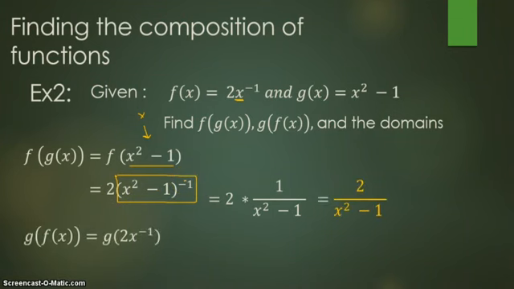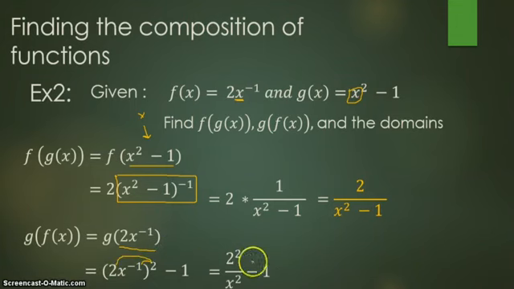The next one, g of f of x, is equal to g of 2x to the negative 1. We're evaluating this x with that entire function. So that's rewritten as 2x to the negative 1, all to the second power. You want to distribute that exponent 2 to both, so 2 to the 2, and the 2 gets distributed to this negative 1 and all the way over to the x.